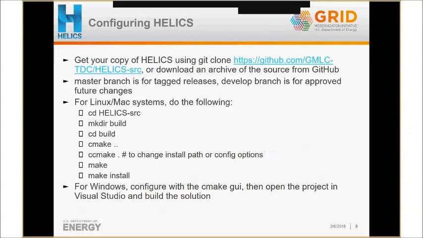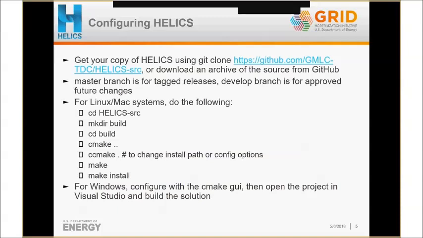After you've installed all the dependencies, then you can check out a copy of Helix using Git or download an archive in zip or tar format from GitHub. The master branch is for the tagged releases, and the develop branch is approved future changes that we'll be making into an upcoming tagged release.